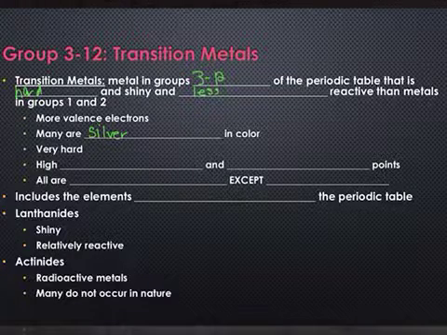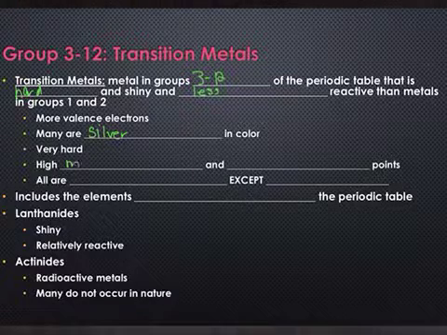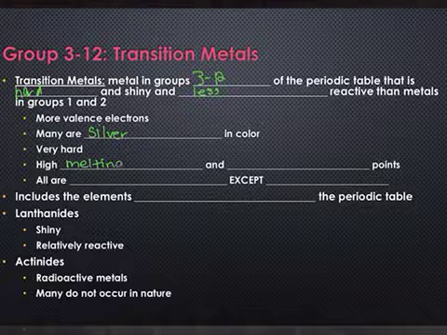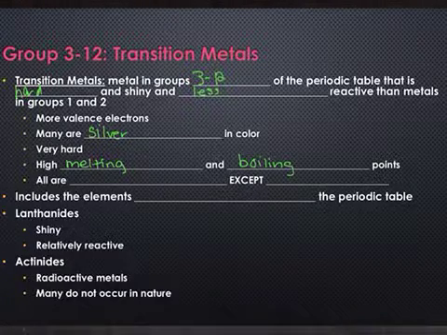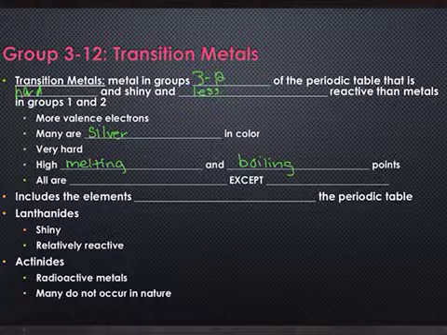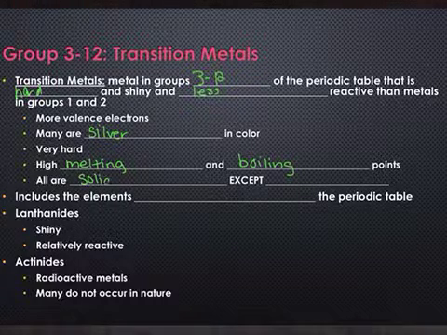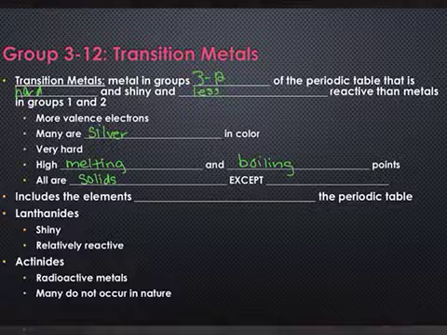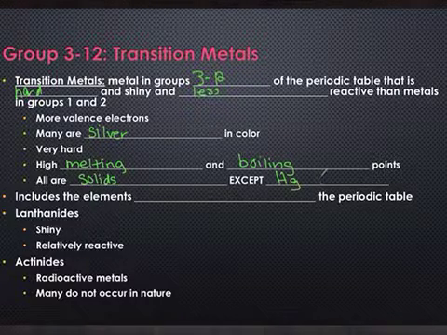Like I said, they're very hard. They have high melting and boiling points. All of them are solids, except, I believe in the last video we talked about how mercury is not. Remember, mercury is a liquid.